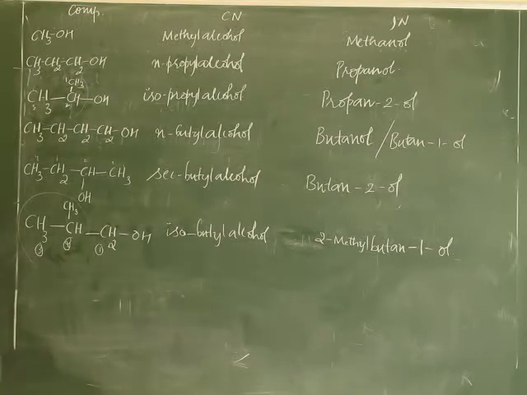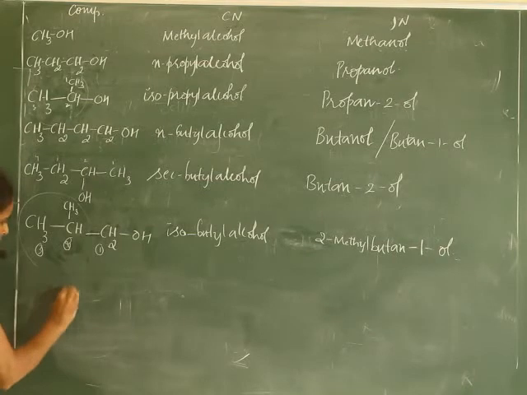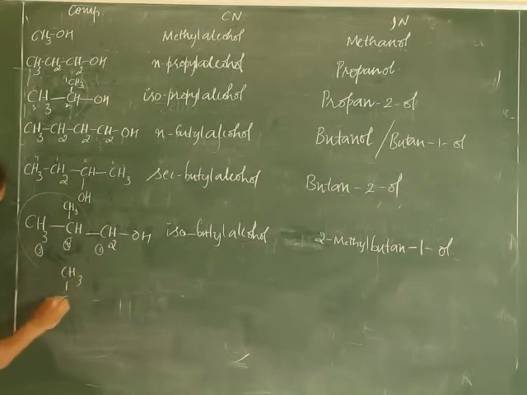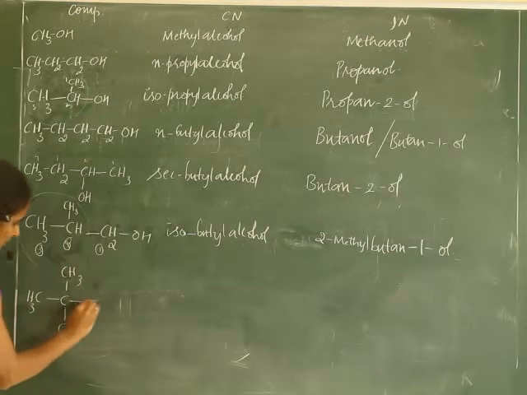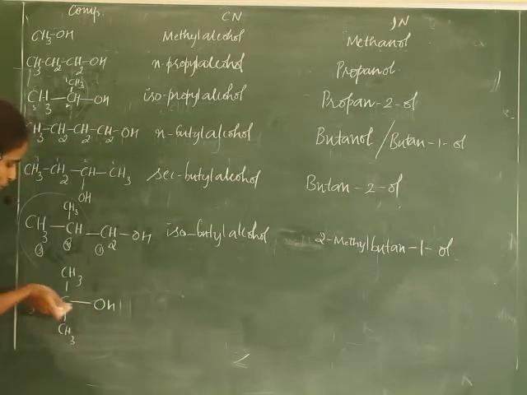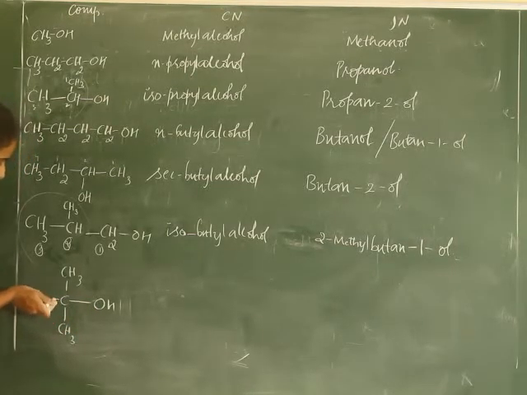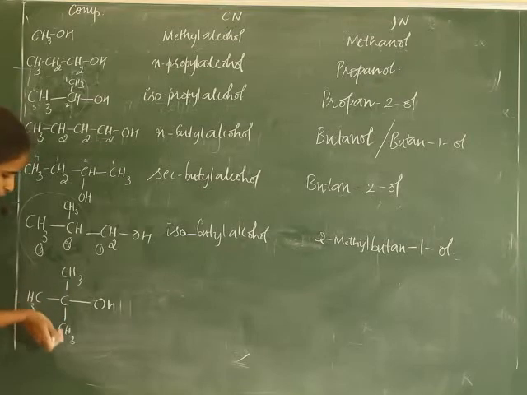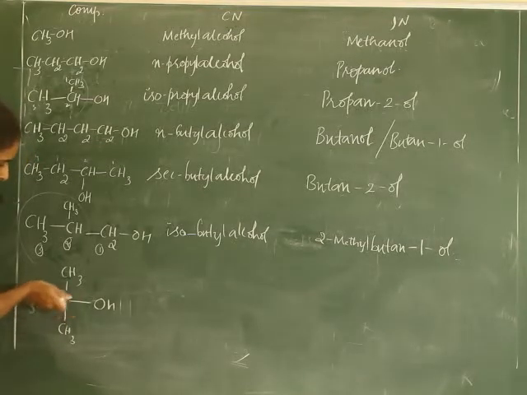Next, I'll write one more compound. You go through these in your textbook, it is there. CH3 and OH. Look at this compound. Here, see, OH group is attached to a carbon atom which is directly attached to 3 more carbon atoms. Hence, this carbon atom is tertiary, right?